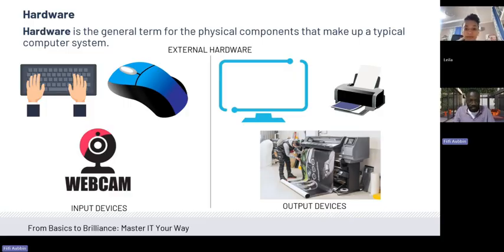So the keyboard you mentioned is one, your mouse is two, which is the touchpad. Your webcam. Now we're having this training through Microsoft Teams, and your camera is on. I can see your video, you can see my video. Then we have the monitor.